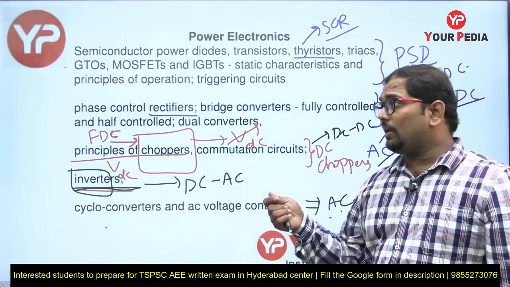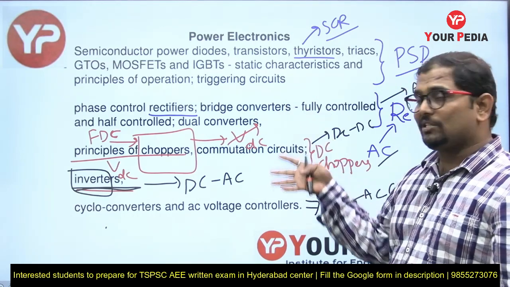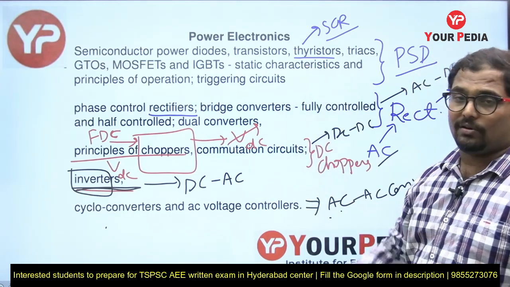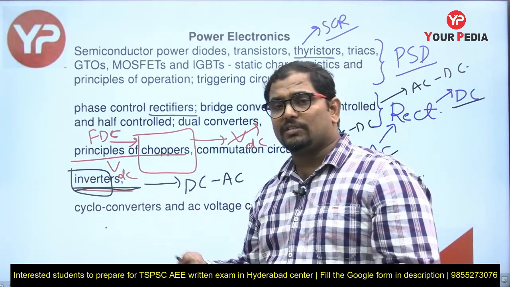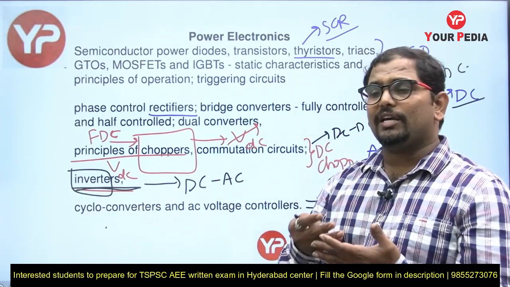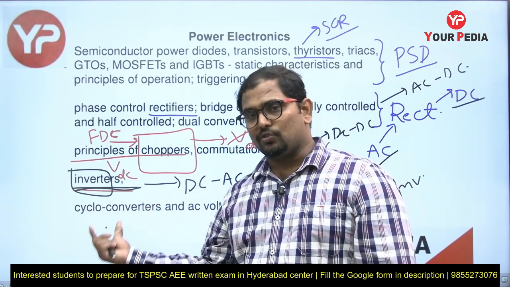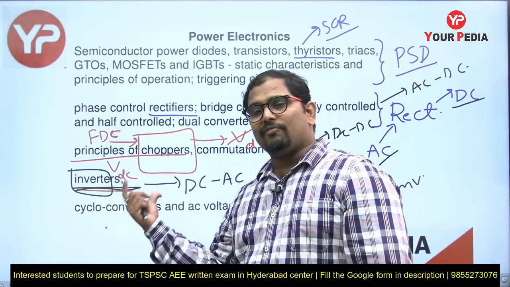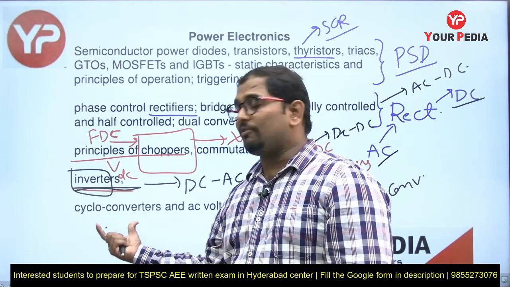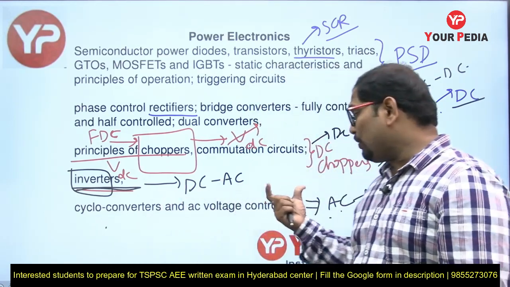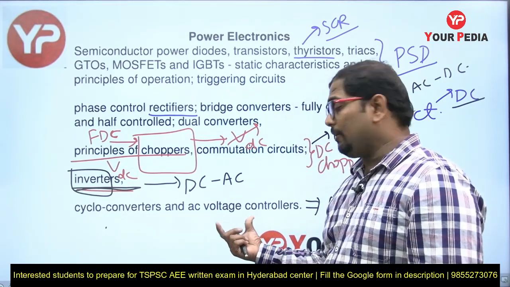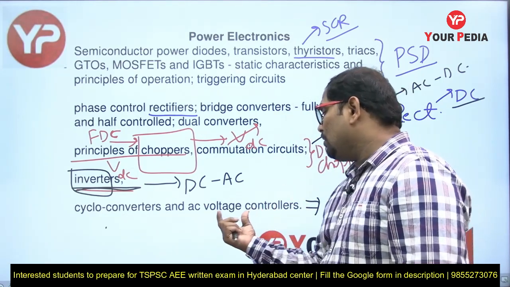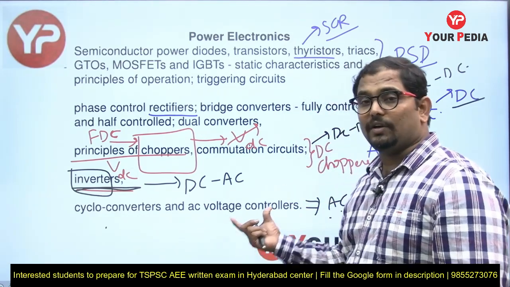So this is about the detailed, individual syllabus analysis of your power electronic circuits. These cyclo converters are used to change the voltage and also to change the frequency. Higher or lower frequencies are possible with cyclo converters. But the AC voltage controller, the name itself specifies that voltage can be controlled with it.